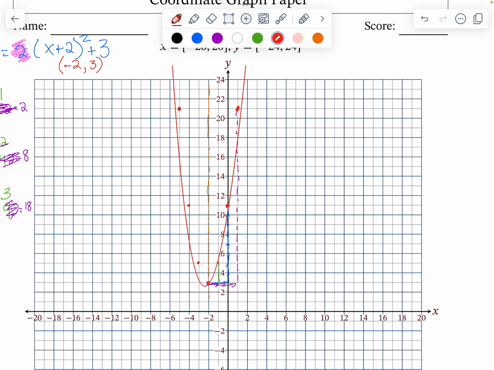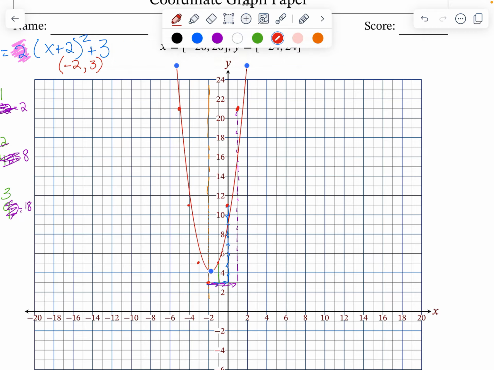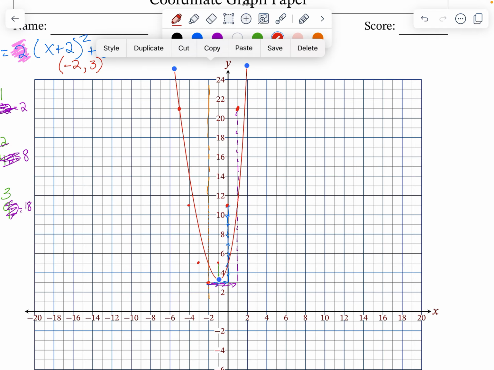Hey, it worked this time. I don't know. See if I can get it to line up okay.